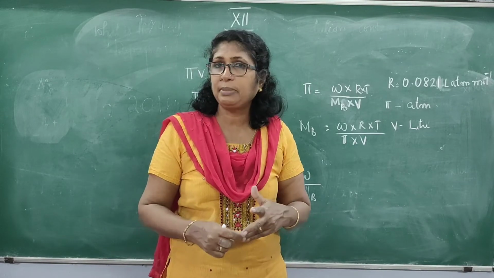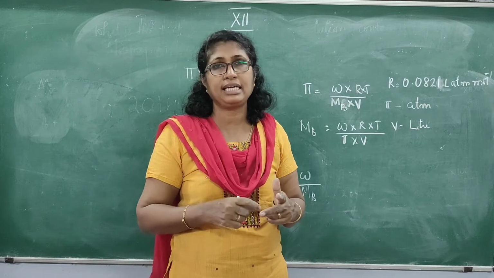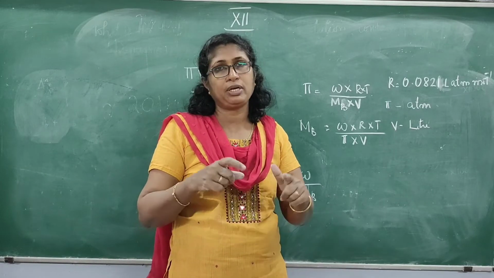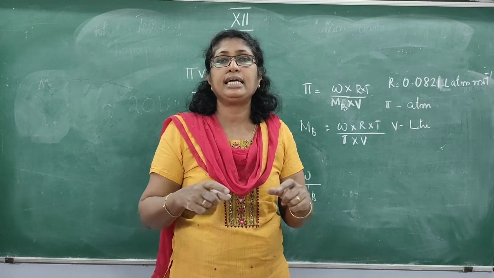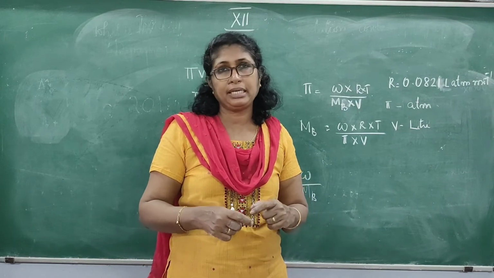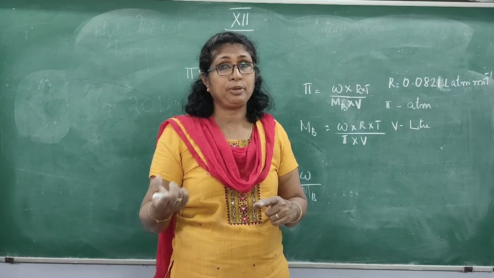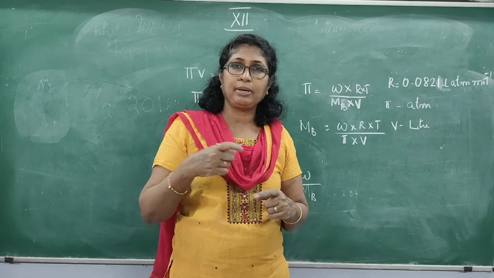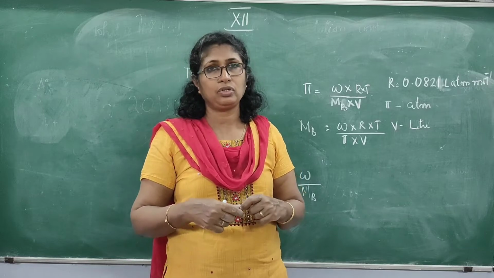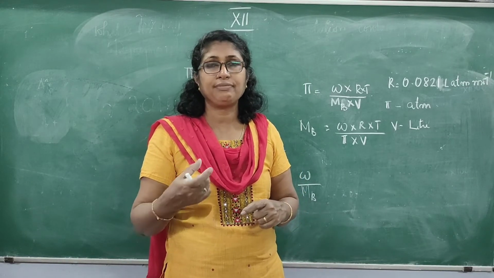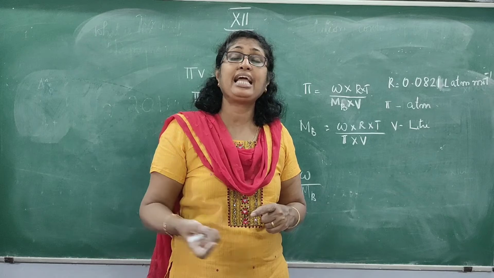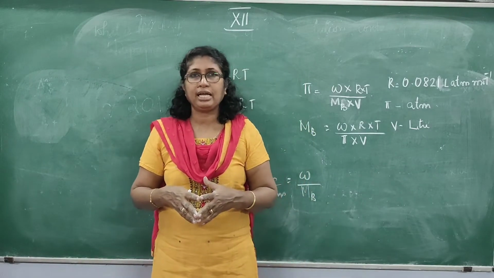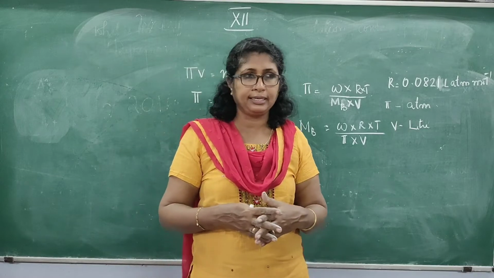Two, accurate measurement is possible since the value is high. Next, the biological samples are not destroyed because the measurement is done at optimum room temperature, whereas with the other colligative properties they are either boiled or frozen. So the biological samples can be lost or destroyed. If it is protein, denaturation can take place. Understood? So this is osmotic pressure, and why it is preferred over the others.